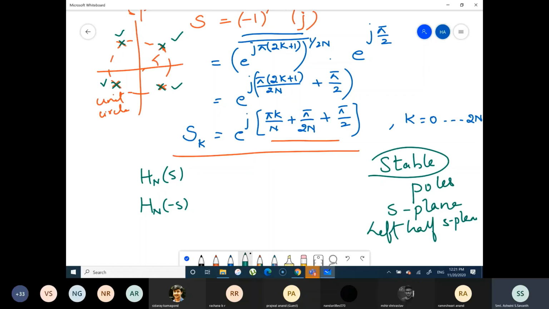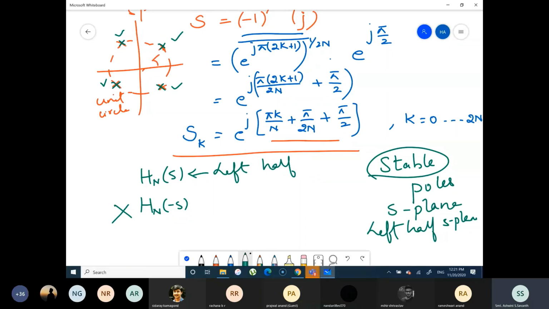Since we are interested in designing a stable filter, let us take all the left half poles and assign them to Hn of S, and you can take the right half poles and assign them to Hn of minus S. Anyway, we will not use this transfer function.